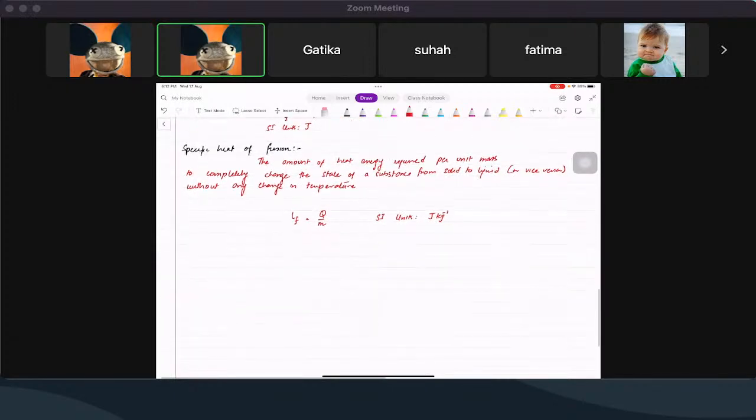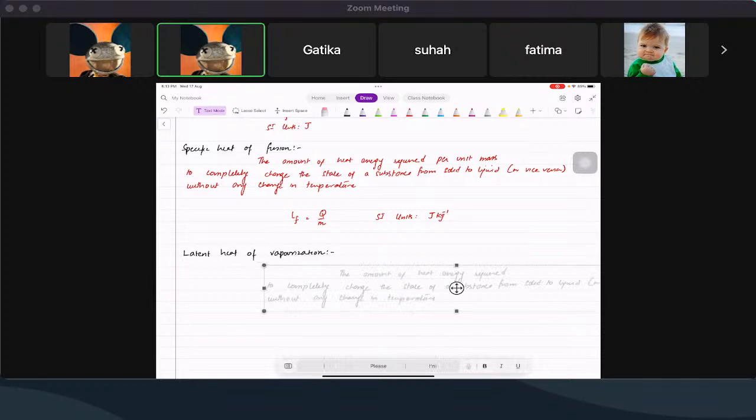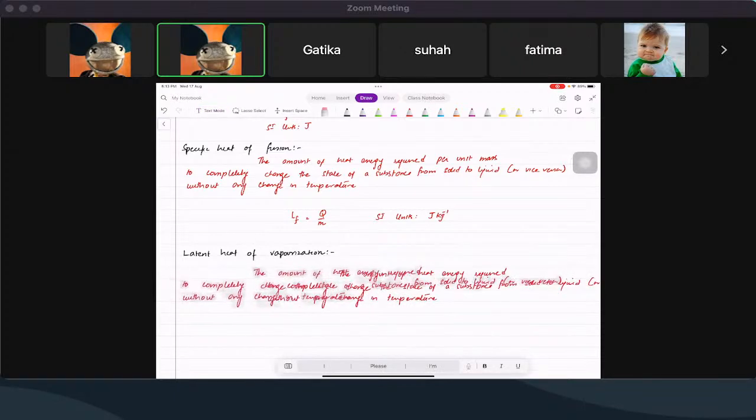Now, the next thing will be latent heat of vaporization. So for vaporization, basically the same definition, but the only change in this definition would be the amount of heat energy required to completely change the state.